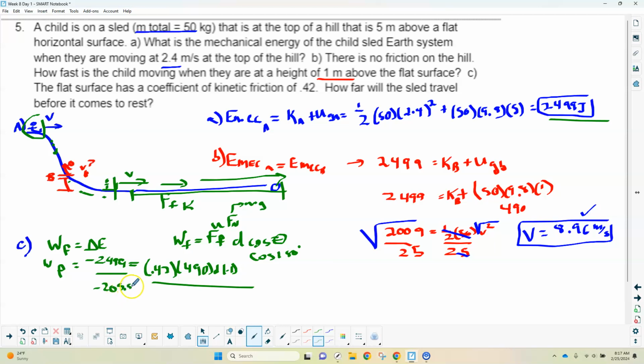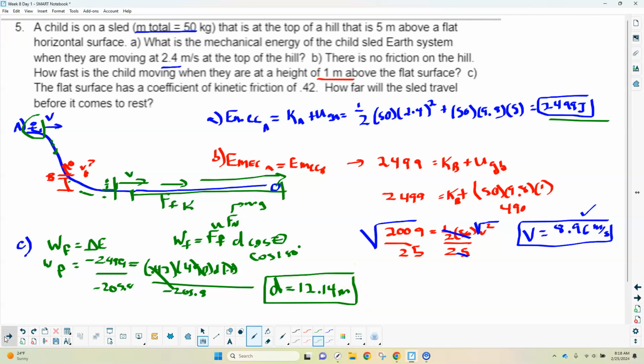That's what that number turns out to be, and so that's canceling all these other values out. When you solve for the displacement, it turns out that the sled is going to travel 12.14 meters. So that is how far it slides after it gets to the level section and finally stops.